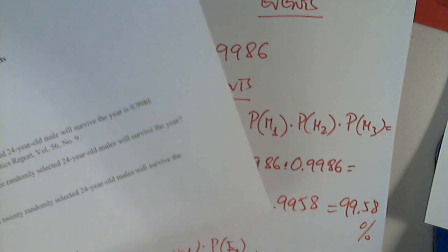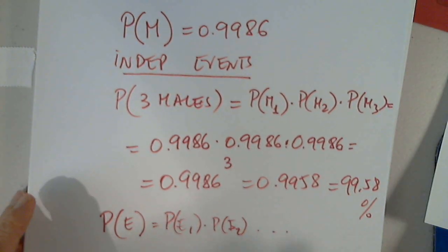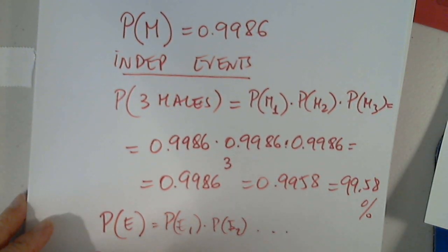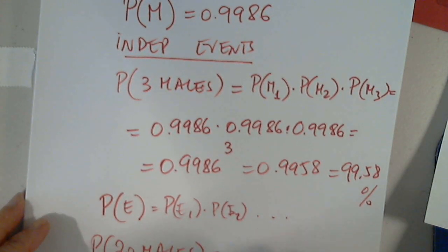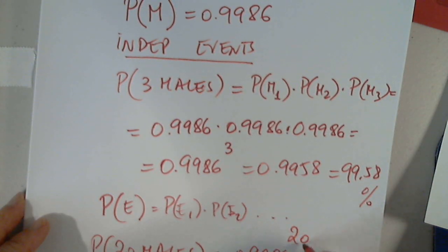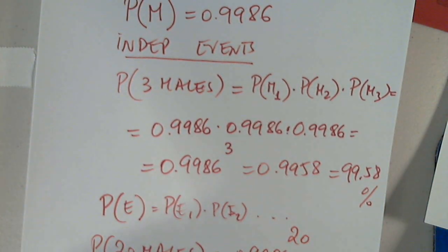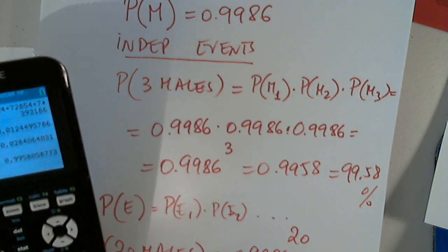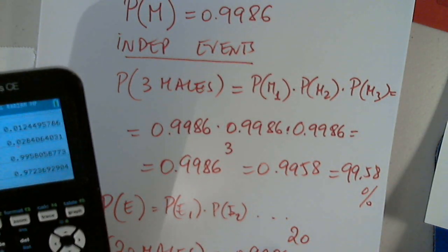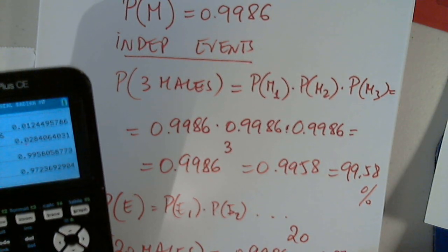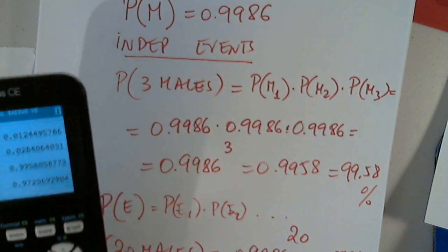What is the probability of 20 randomly selected? Okay, so the probability of 20 males. They are independent, so I have the same probability, 0.9986 raised to the 20th power. I get 0.9724.